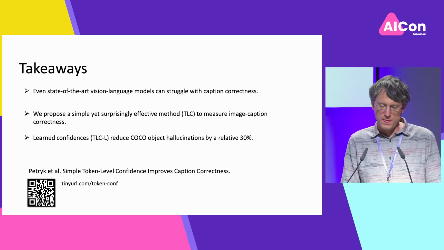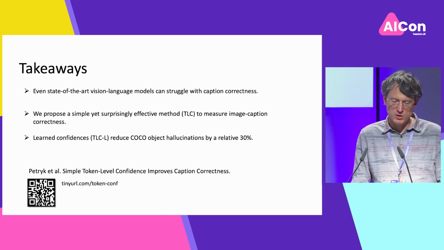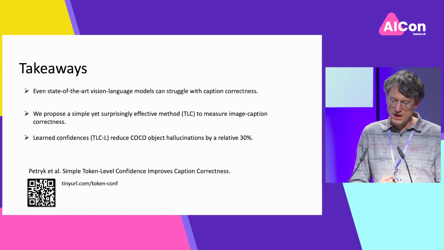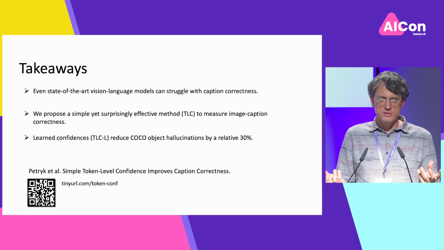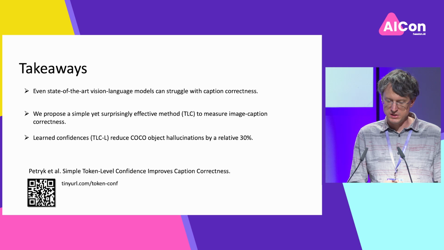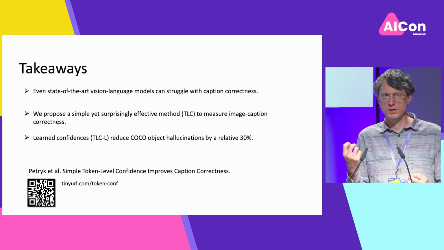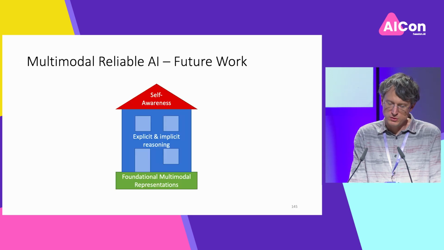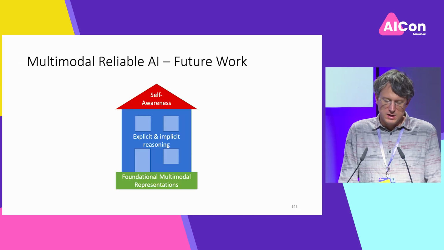Again, the state-of-the-art models can struggle with understanding caption correctness, and our simple model can significantly help improve this performance, but there's still quite a lot of work to do to get this right in all the cases. So with this, I'd like to shortly look at future work.